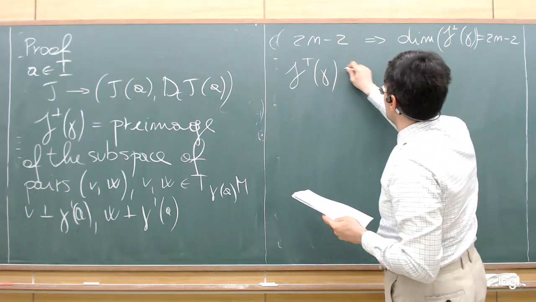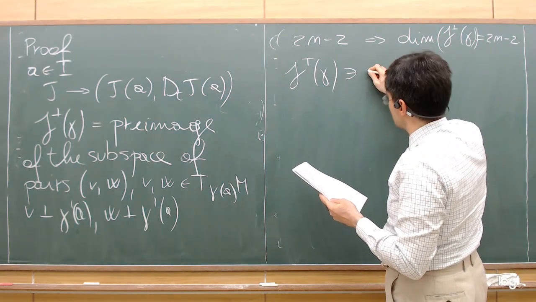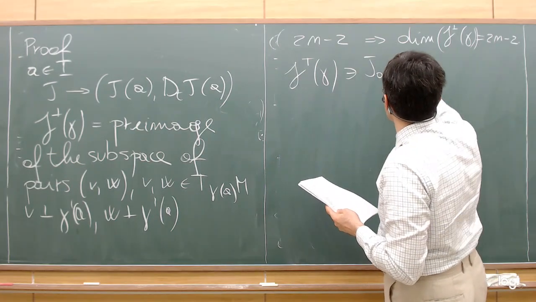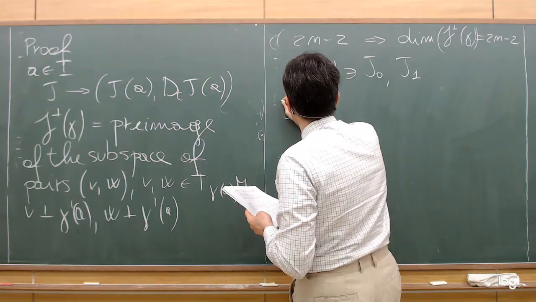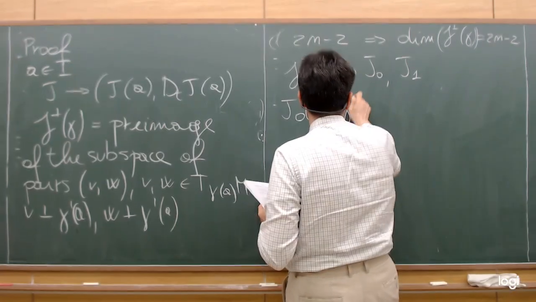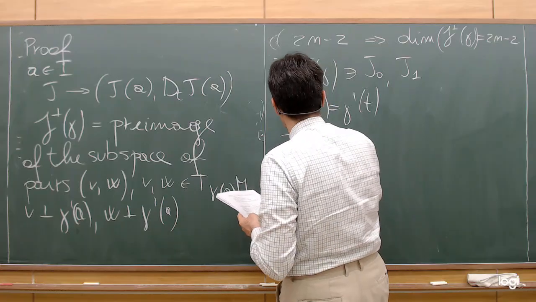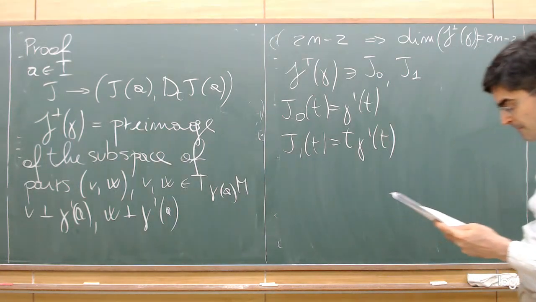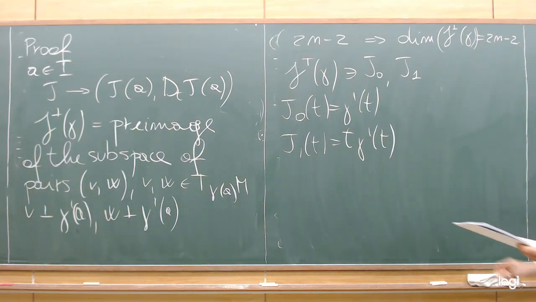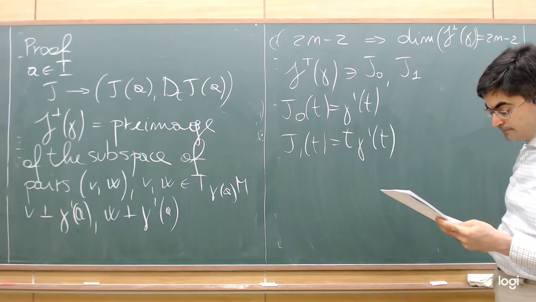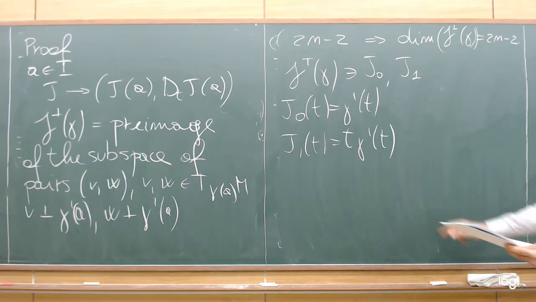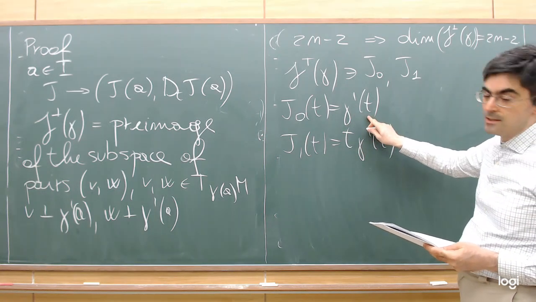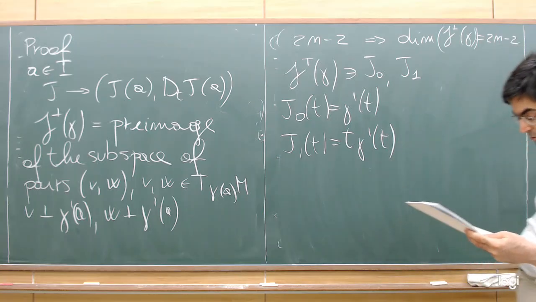We know that this space contains J0 and also J1, where J0 of t is gamma prime t, and J1 of t is the Jacobi field given by this formula, and it's clear that they are linearly independent, and this follows from the fact that gamma prime t is never zero because gamma is a geodesic.